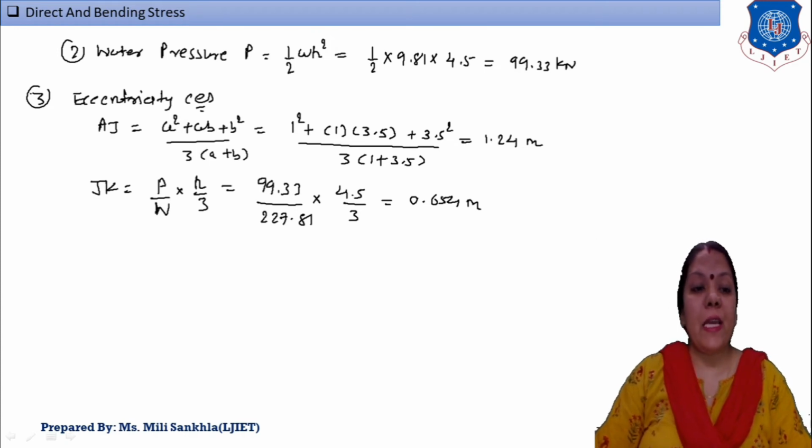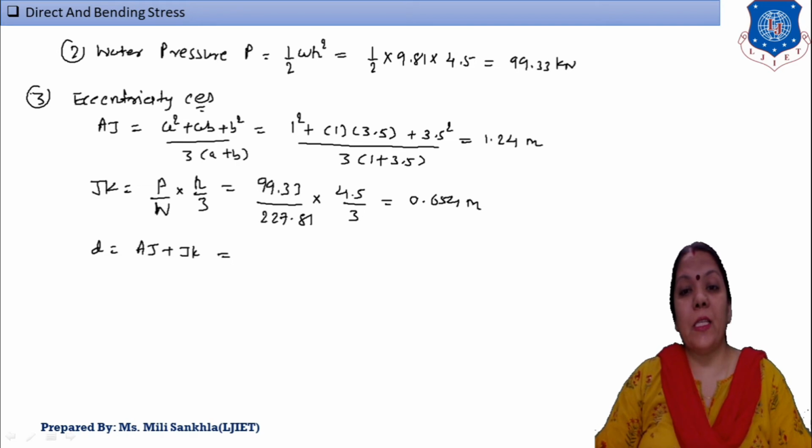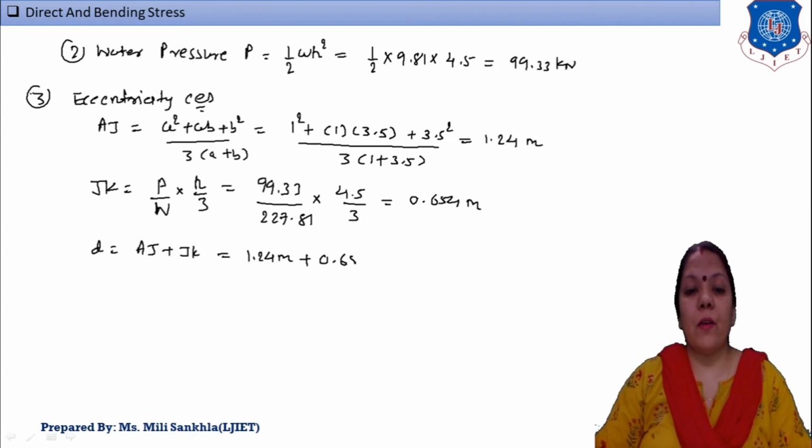Now D is equal to summation of AJ plus JK. Okay, now what is AJ? AJ is given 1.24 meter and JK is given 0.654 meter. Summation of this, D is equal to 1.894 meter.